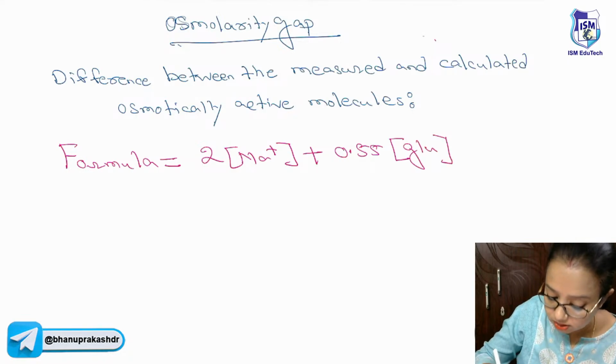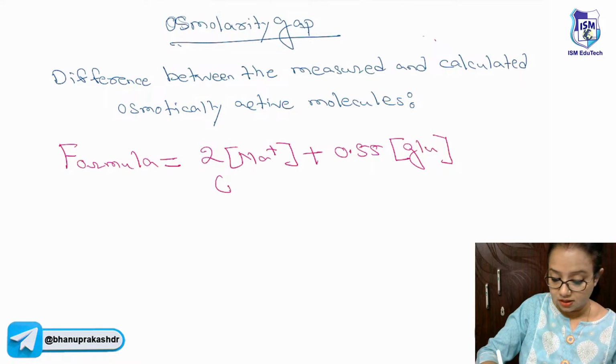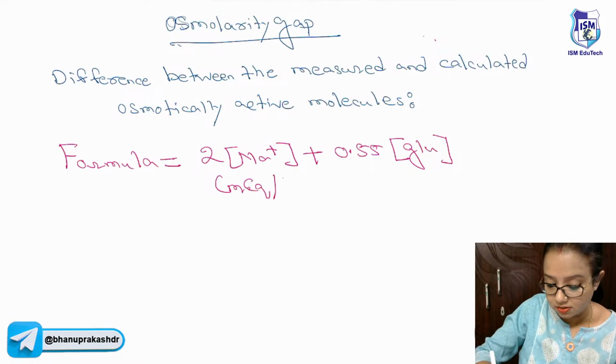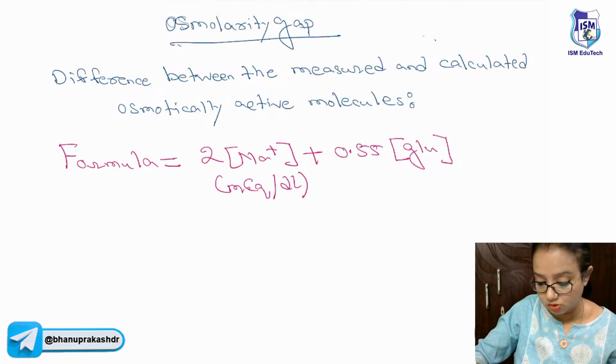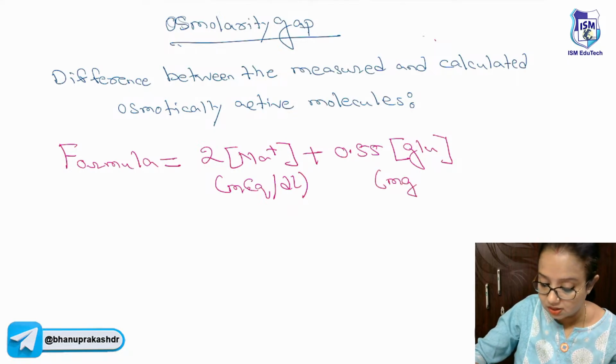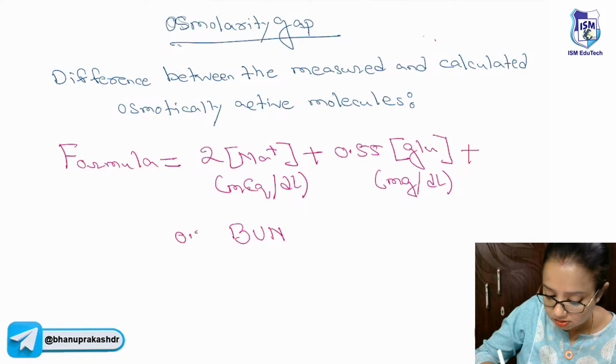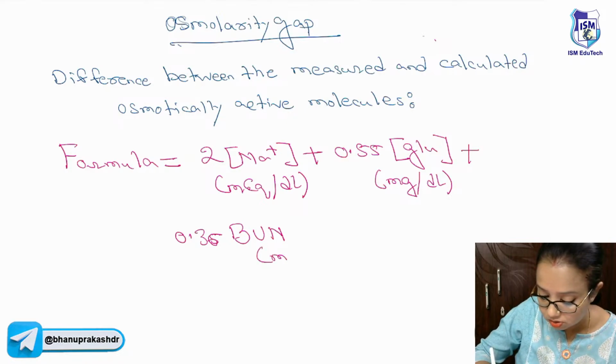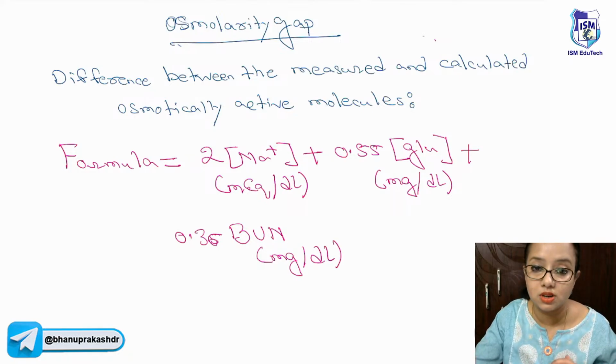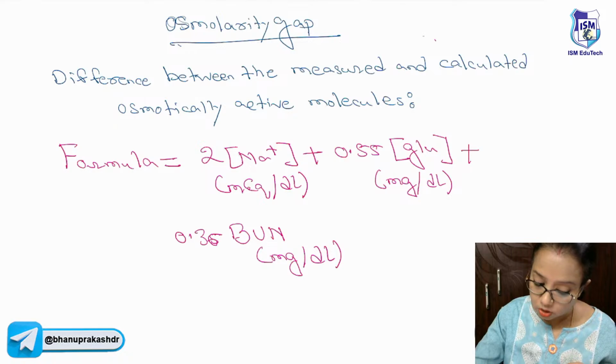The sodium value is calculated in milliequivalent per deciliter, and that of glucose is in mg per deciliter. And then we add blood urea nitrogen with a constant 0.36, and its unit is also mg per deciliter. So, by putting this formula, we can get the osmolarity gap.